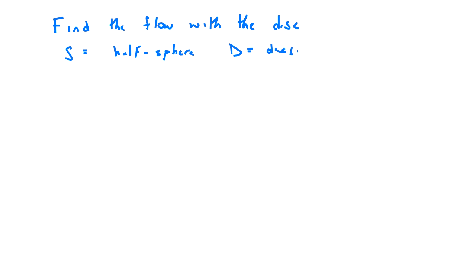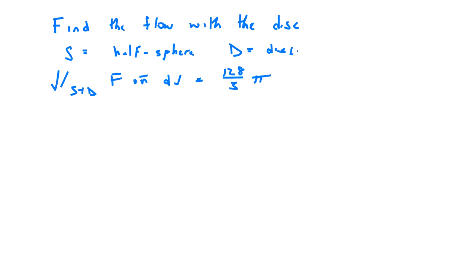So we know from the last one, what do we get? 128 over 3 pi. So we know if we close it with the disk, we get this.